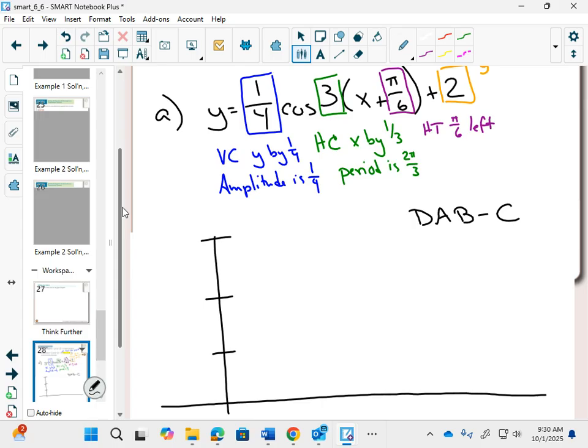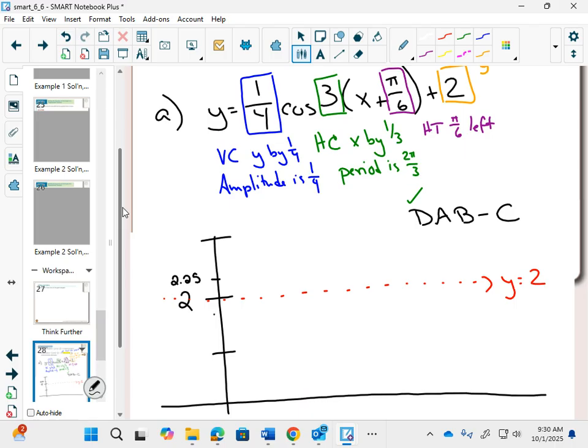I know my center line is at 2, and draw that center line at y equals 2. That's all I need to do for my D value. But I already was thinking about my D value and my A value. Because if your A is 1/4, do you see that your maximum would be at 2.25?